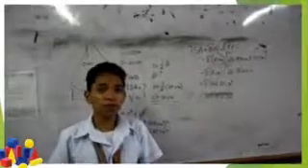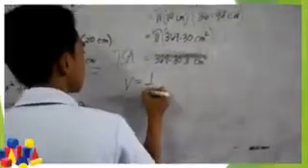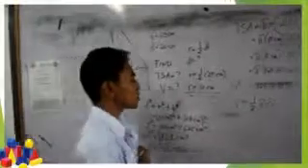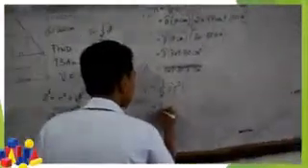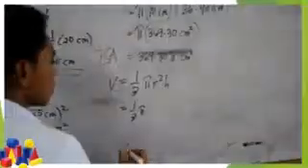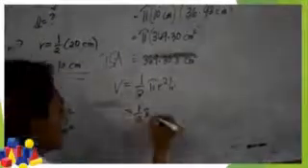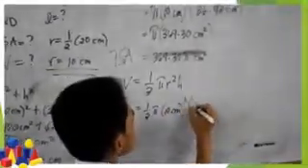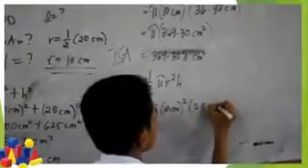Let's go now to the volume of a cone. The formula of volume is 1/3 pi r squared times height. We are given a height equal to 25 centimeter and a radius of 10 centimeter. Substitute them. So we have 1/3 times pi times 10 centimeter squared times 25 centimeter.